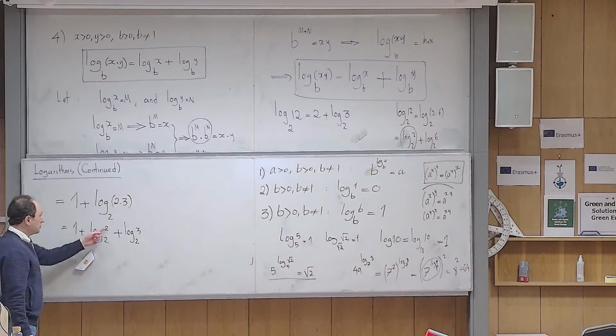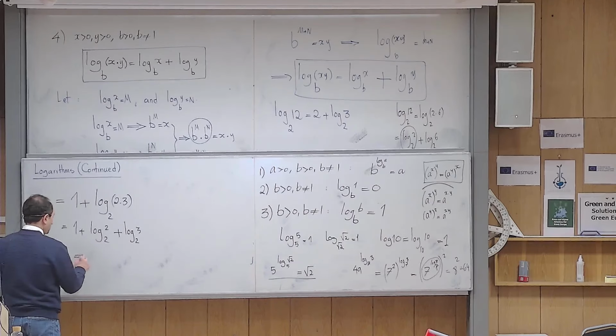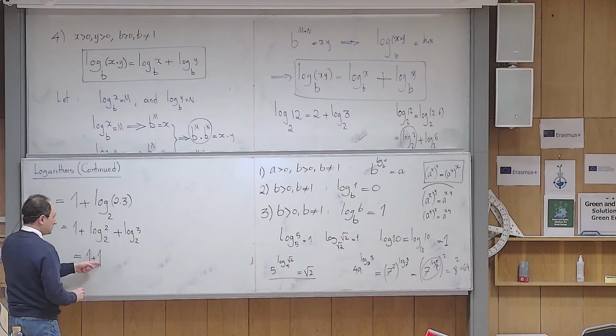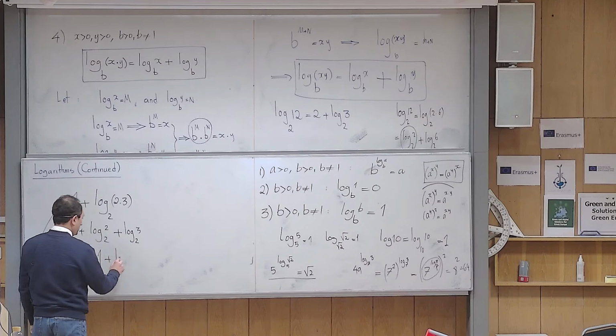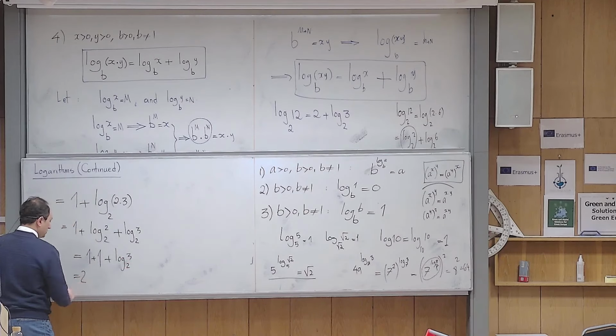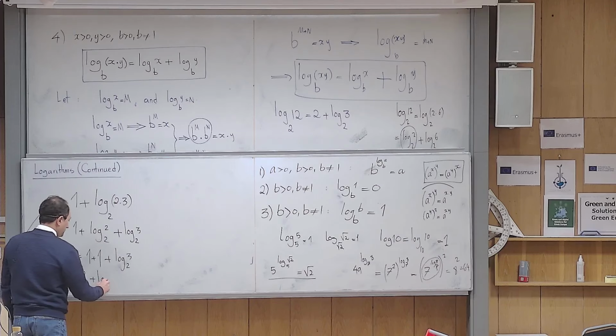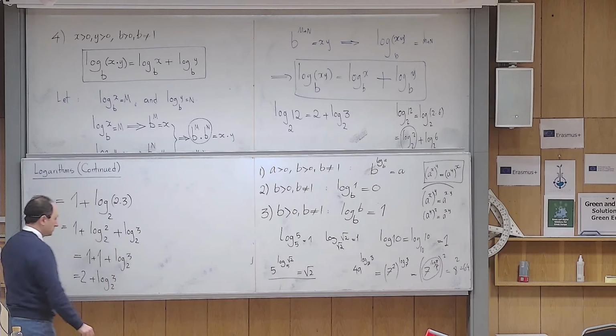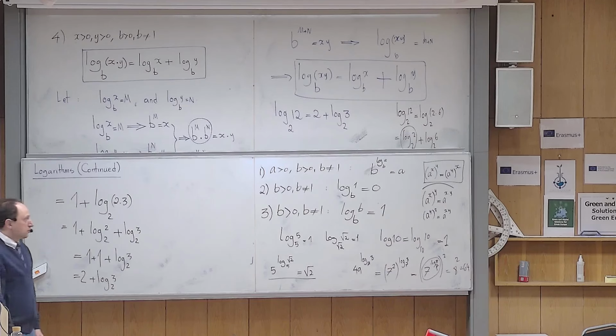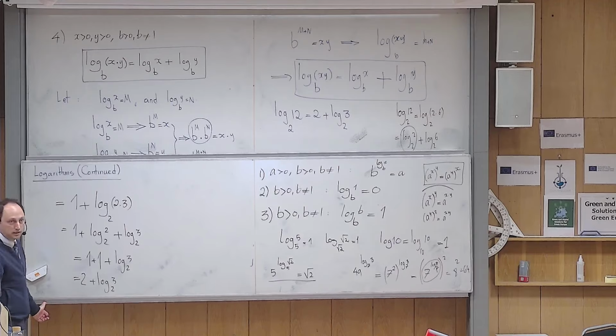But now, what is logarithm of 2 to the base 2 again? So 1 plus 1, this 1 is here, this is also 1. So 1 plus 1 is 2 plus logarithm of 3 to the base 2. That's correct. So without a calculator, I was able to confirm that these two numbers are exactly the same.